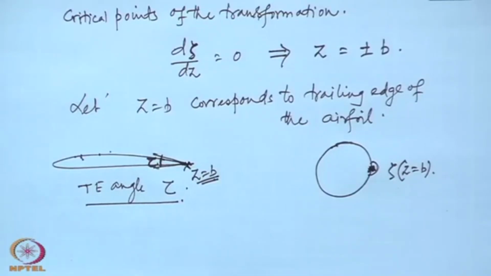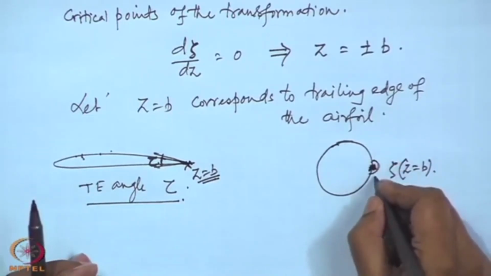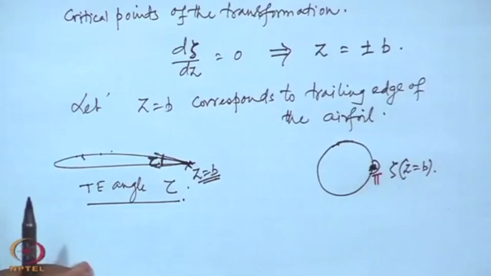So, what is the non-zero derivative? Lowest order of the non-zero derivative? Yes, at z equal to plus b.